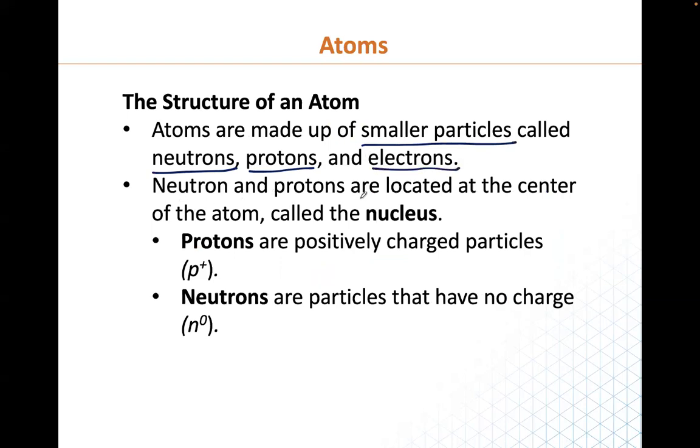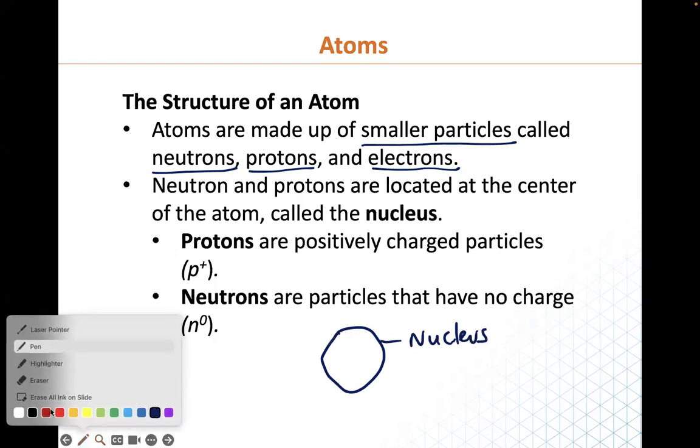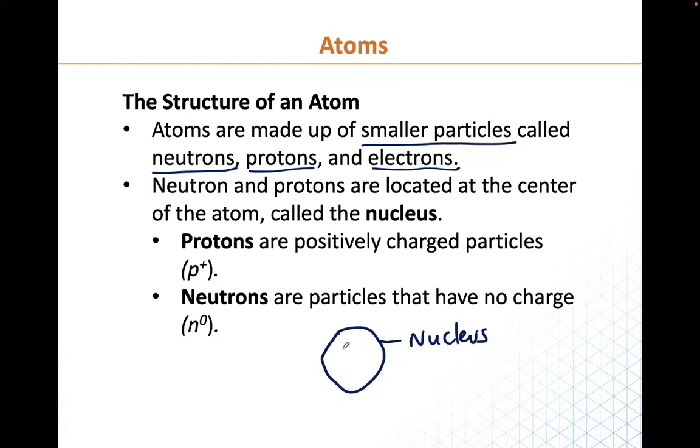The neutrons and the protons are located at the center. The center we call the nucleus. So in this nucleus, we have the neutron, and we have the protons. They're all embedded in the nucleus.